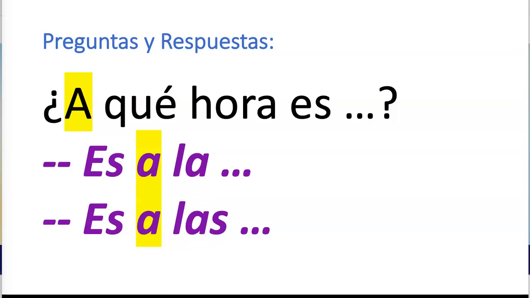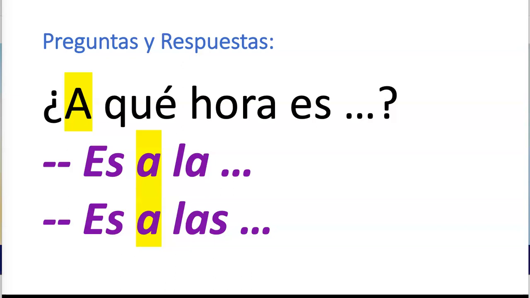So es a las 12:15, it's at 12:15. Now note, in both cases, whether the time is 1 or 12, the verb is still singular because you're asking about, in our example, the concert.